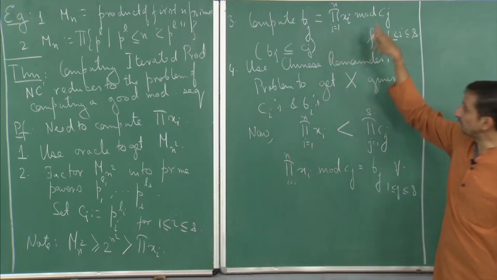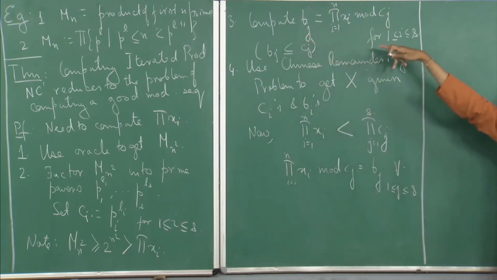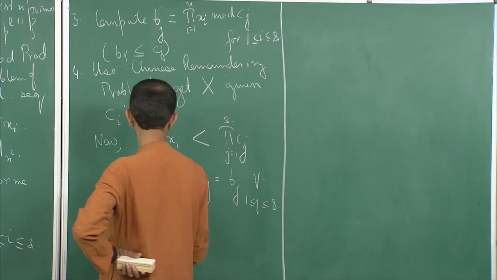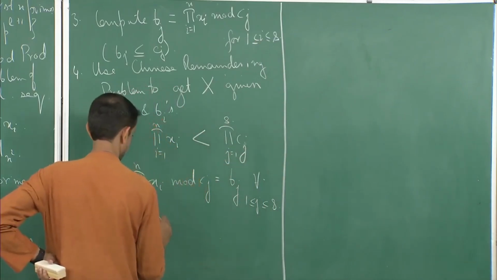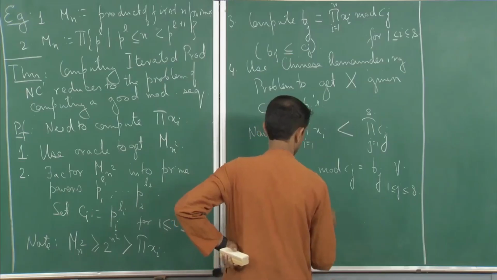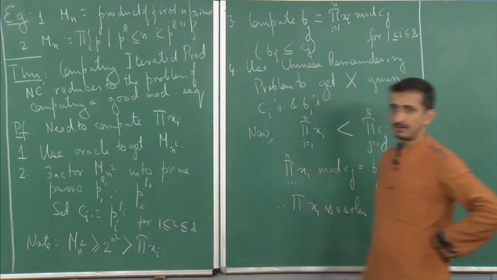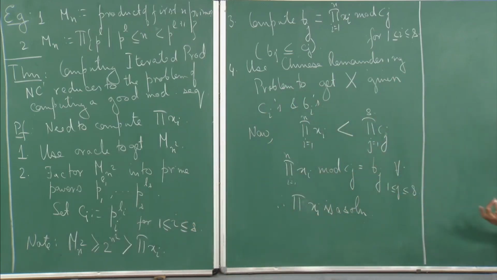That is also satisfied by the way I computed Bj itself. Therefore, this is a solution. Correct. And by the Chinese remaindering theorem, we know that there exists a unique solution.